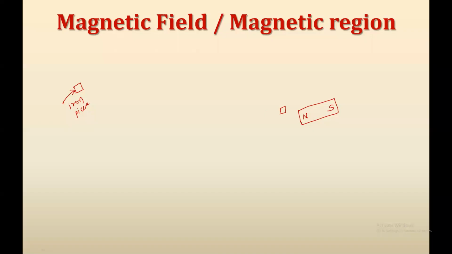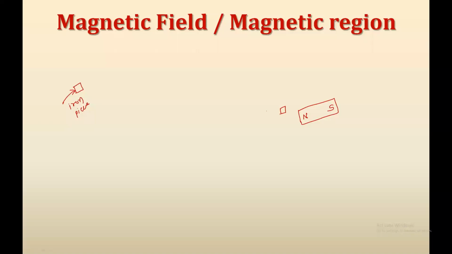My point is that from the point where you experience the force on that small iron piece onwards, this is the area within which the small iron piece will experience a force, and this area around the magnet we call a magnetic field.